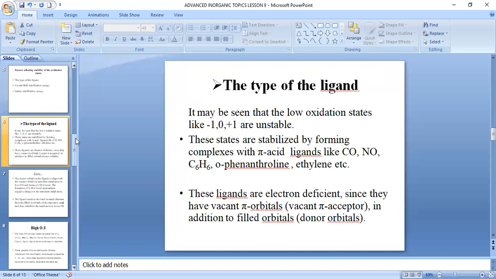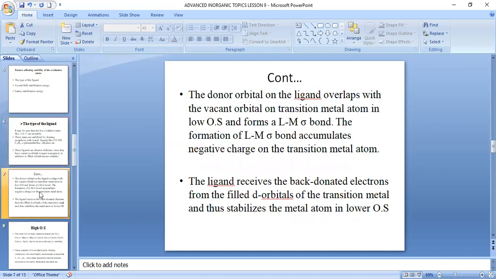These ligands are electron deficient. They have vacant pi orbitals, called vacant pi acceptors, in addition to the filled orbitals or the donor orbitals.